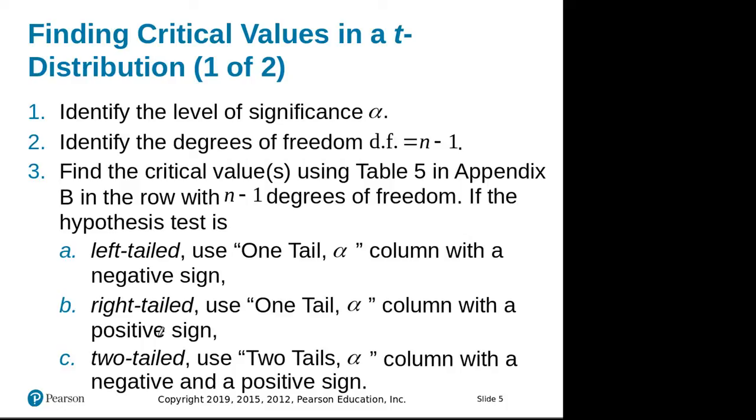And so our degrees of freedom is the number of samples minus 1. We use the critical values for the t-table, which are in the appendix of the book, and we pull those together here. Let me make sure I have those.